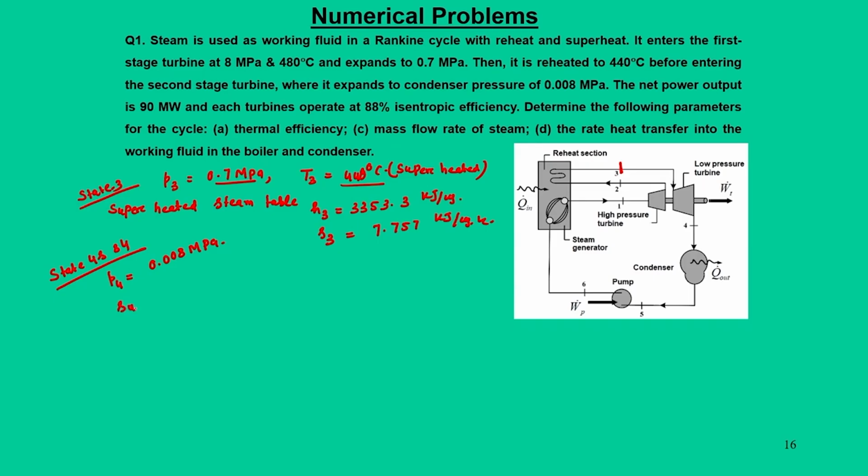S4s is equal to S3. So, this will give you X4s, which is equal to S4s, that is S3, minus Sf divided by Sg minus Sf.